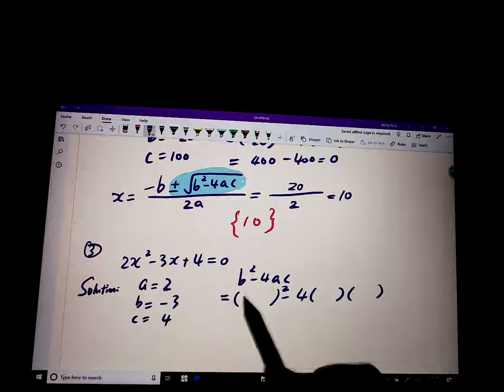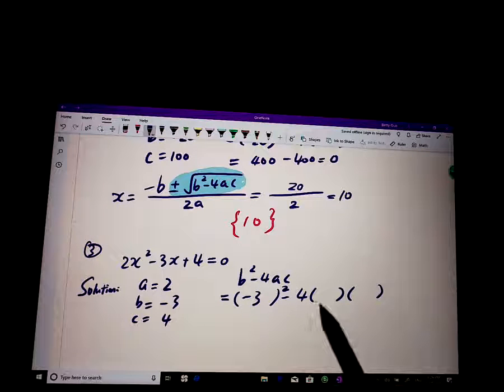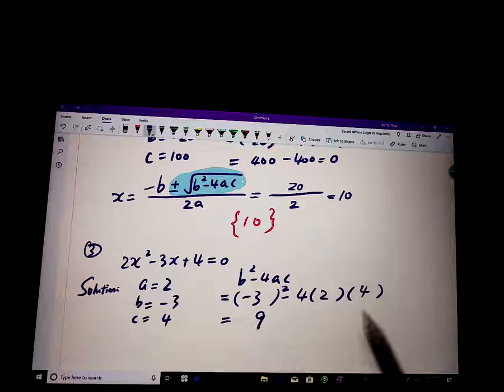The value of B is -3. Value of A is 2. Value of C is 4. Square of -3, 9. -4 times 2 times 4, negative, positive, positive, that is negative, right? -4 times 4, 16. 16 times 2, 32. You have a calculator, so I don't worry about that.